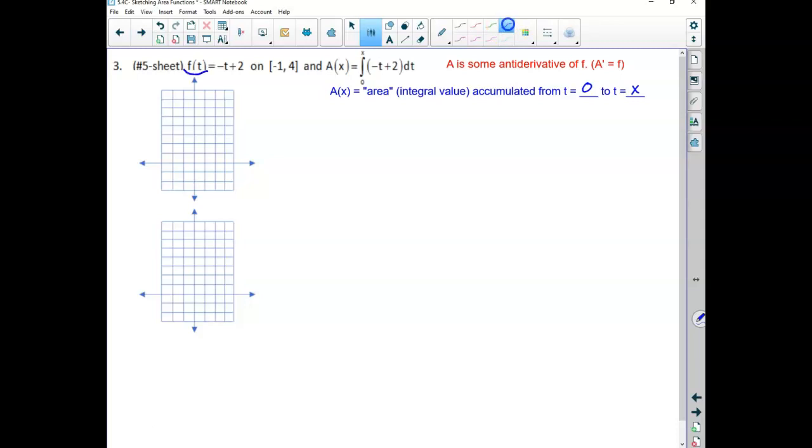So the first thing we need to do is graph f of t. I can think of this as just a line with a positive y-intercept at 2 and a slope of -1. So I'm going to make my dots coming down, and I'm going to graph it on this interval.